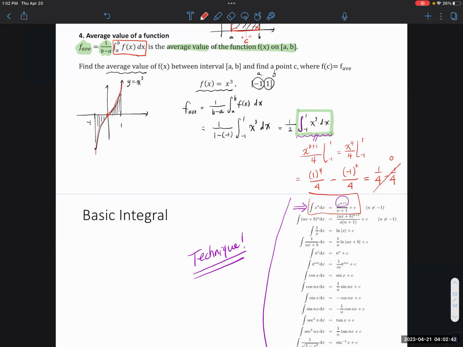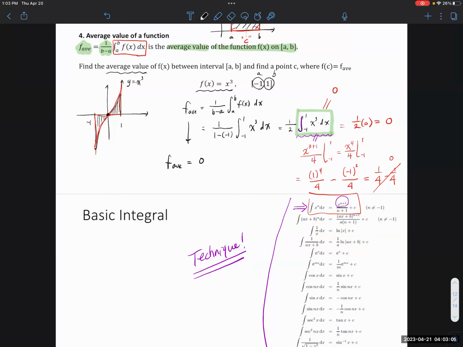The area, if you add these two, is going to be 0. Therefore, we have 1 over 2 times 0, which is also 0. So that's our average value, 0, which is what we actually got.